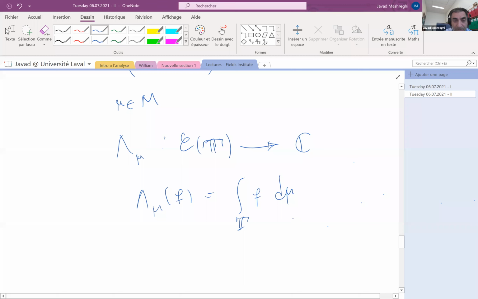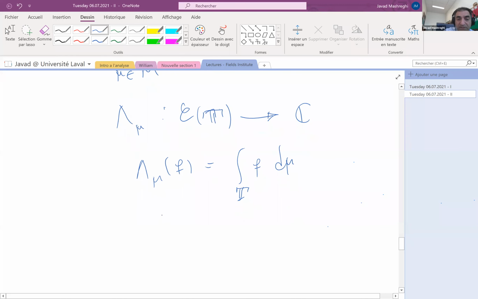And the isometric part means that the norm of lambda mu as a functional is equal to the norm of mu as a measure in M.